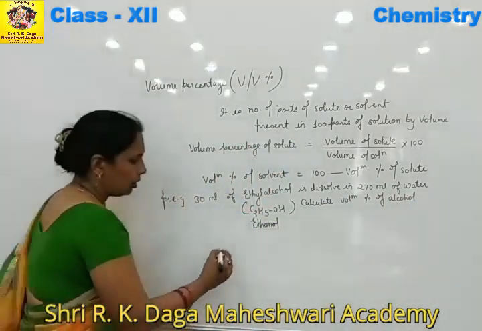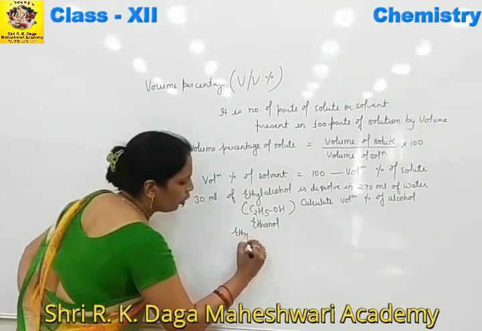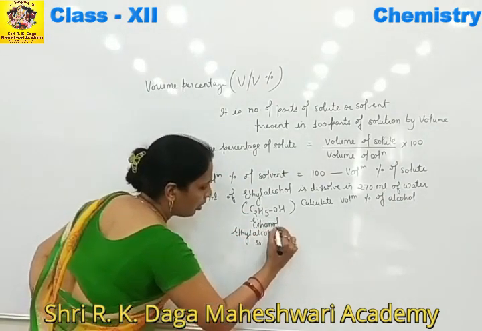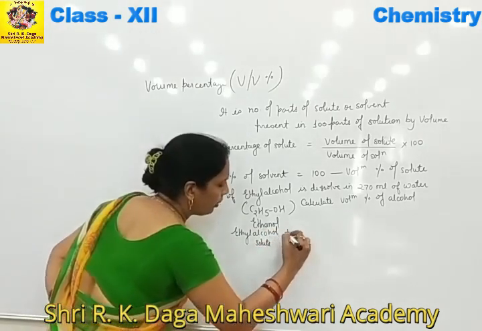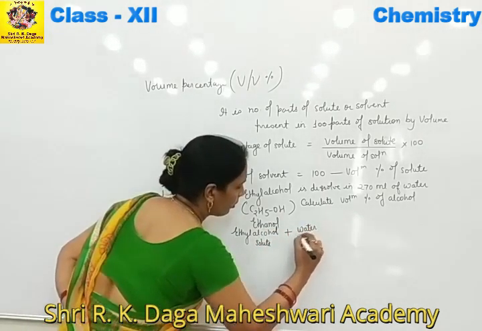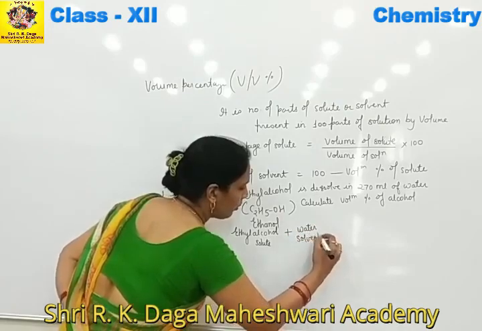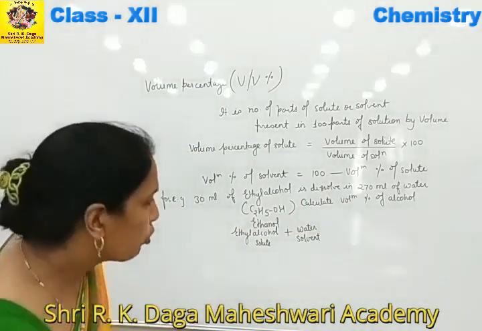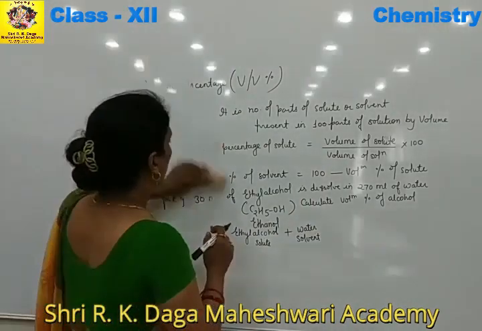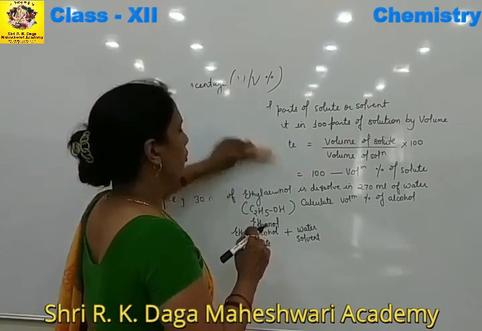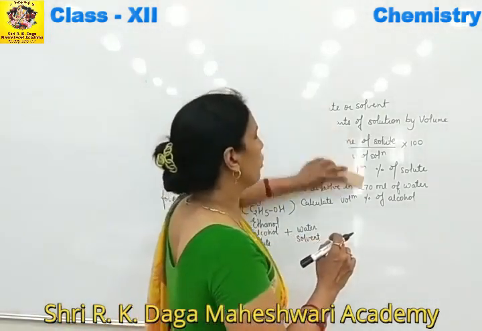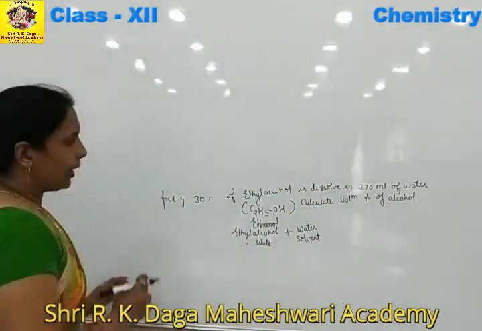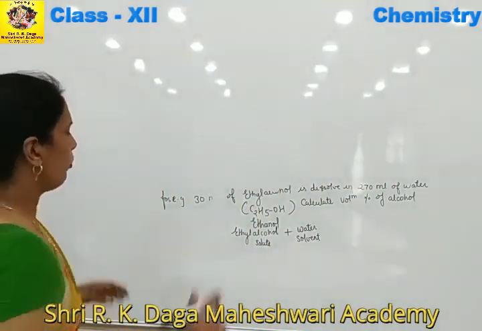So in our numerical here, ethyl alcohol is solute and water is solvent. And in our question we have to calculate only volume percentage of alcohol. So for the calculation of volume percentage of alcohol, first of all we will calculate volume of solution. And volume of solution is calculated by adding the volume of solute and solvent.